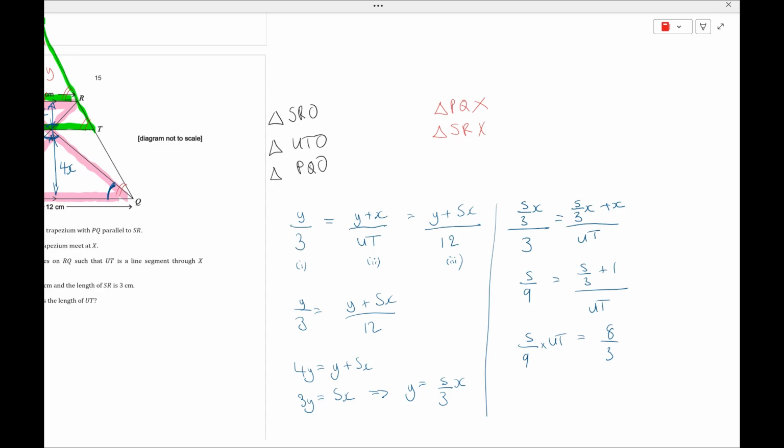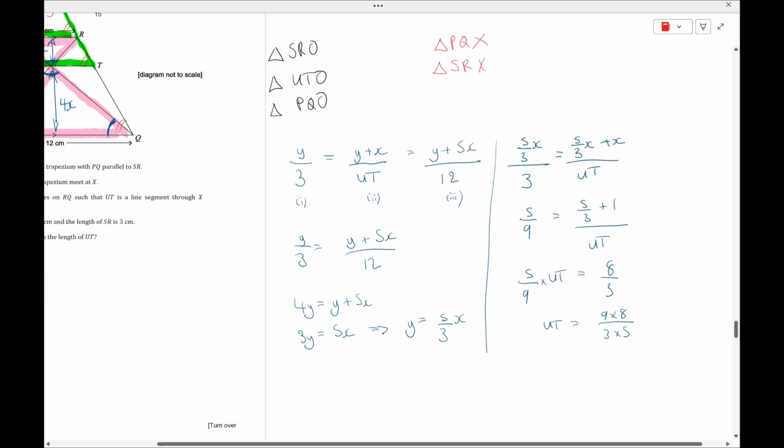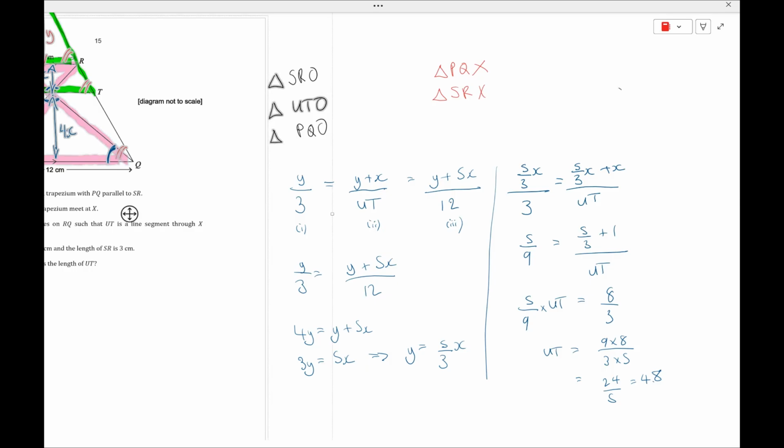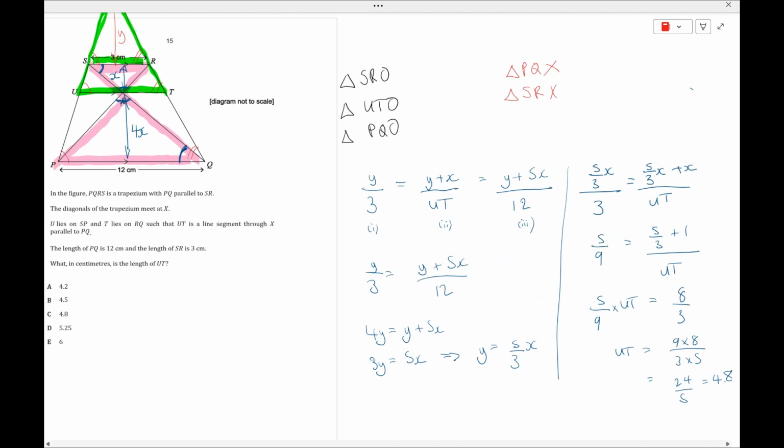And then from there, I can get that UT equals 9 times 8 over 3 times 5, which is the same as 3 times 8, 24 over 5, which is 4.8. So that's one way of doing it. I was able to do that relatively quickly. Obviously, I've slowed myself down a bit there to try and explain it.